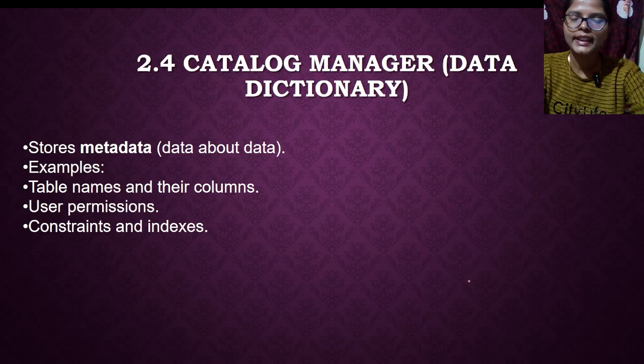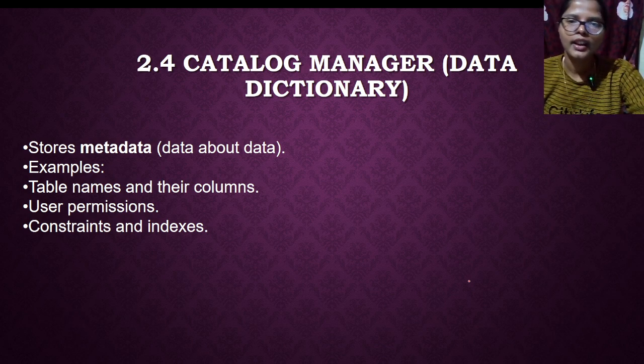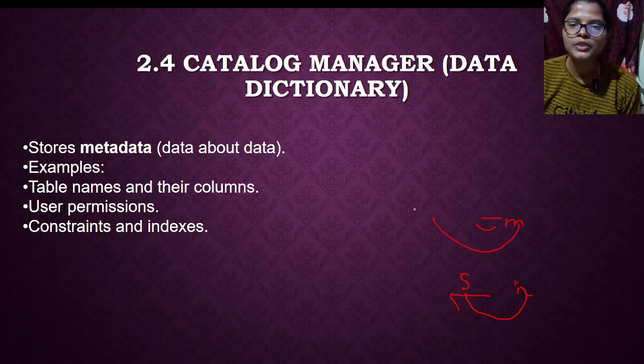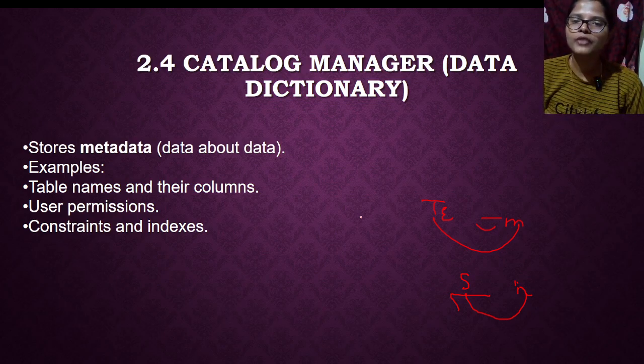Next, the catalog manager, which is about the data about data. If you take your college as an example, the data consists of student details, college details, teacher details, and so on. If a table contains student details such as name and roll number, a roll number relates to a student, and an employee ID relates to a teacher or employee. Based on the data, you represent which type of data it is and the relations between the data.